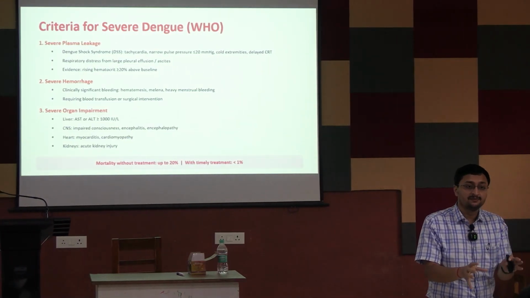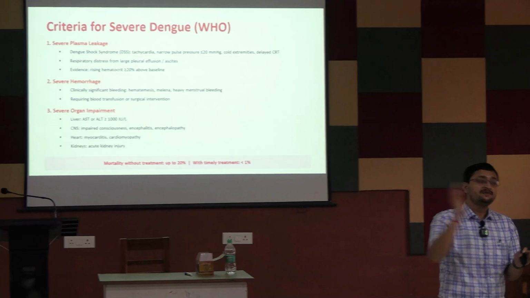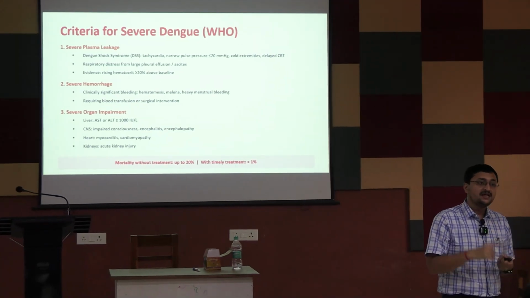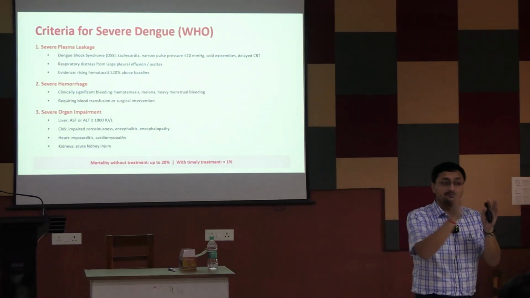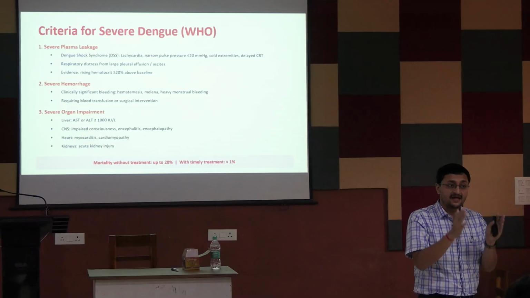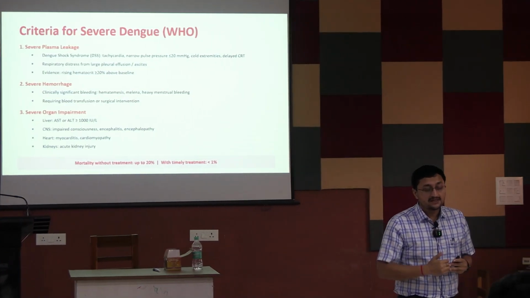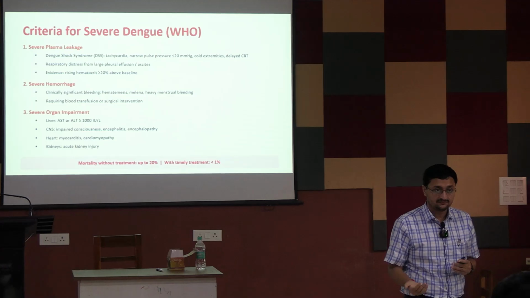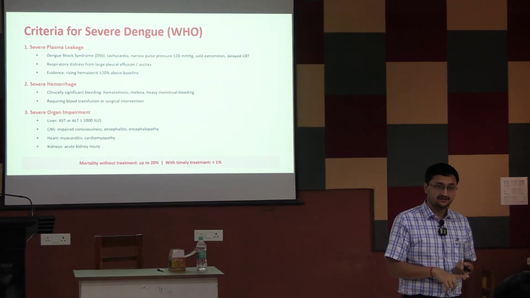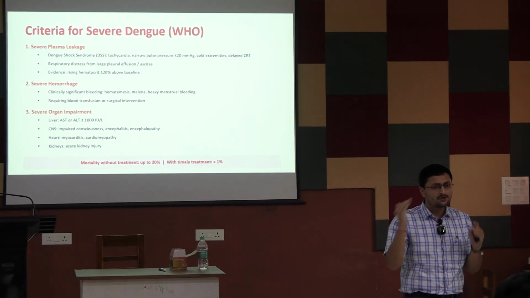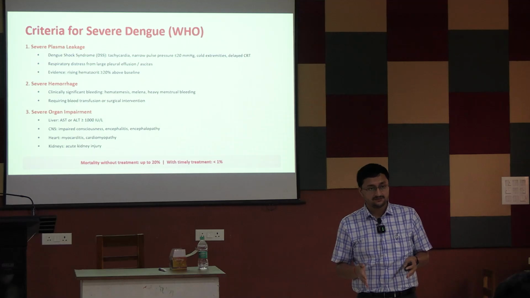So the density of the pebbles is more than before. That is why hematocrit rises. That means the patient is having severe dengue, severe organ impairment, and severe hemoconcentration because of the plasma leakage. So this is why we are more concerned about the hematocrit.